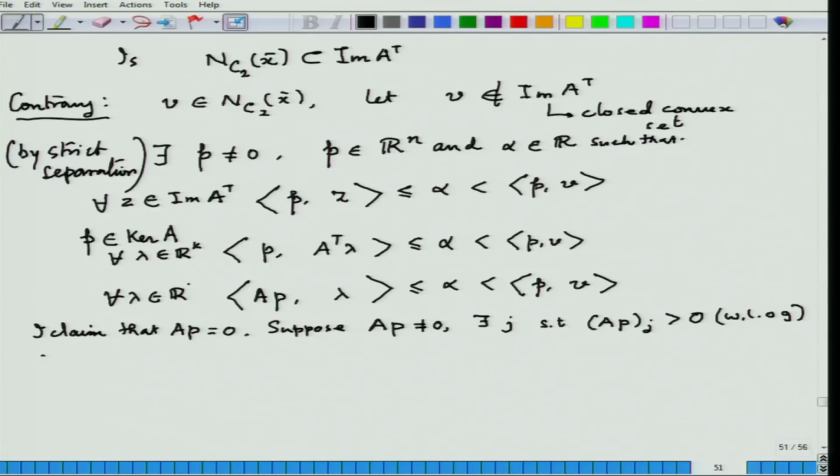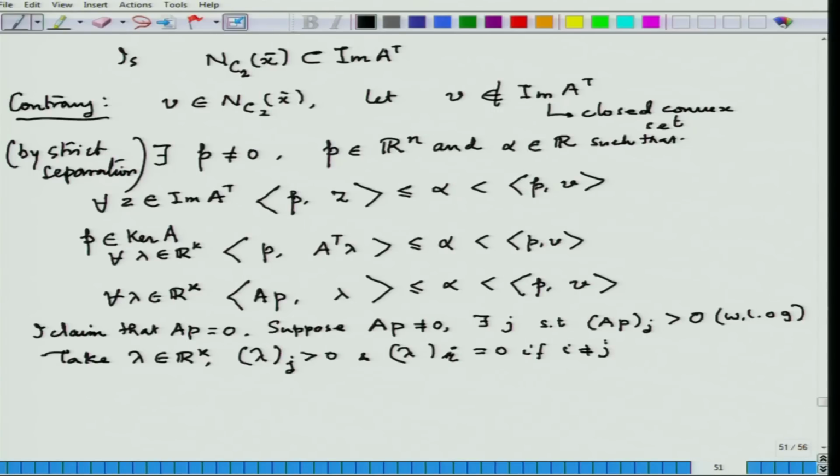Since it is true for all lambda in R k, take lambda in R k such that the jth component of lambda is positive and the ith component lambda i is equal to 0 if i is not equal to j.